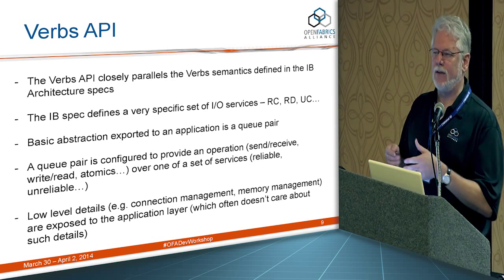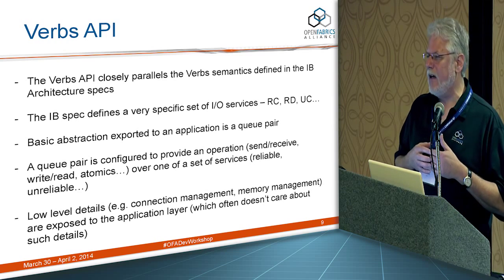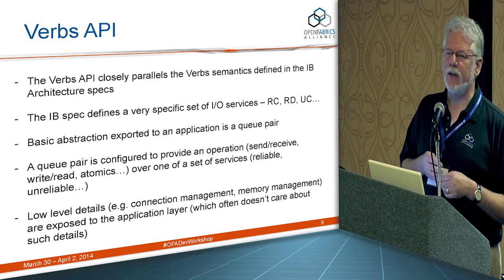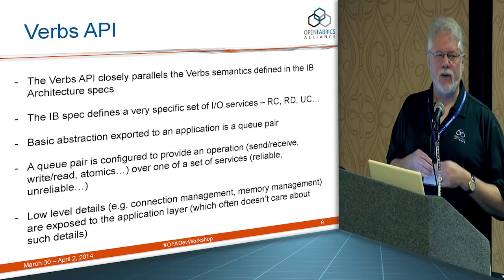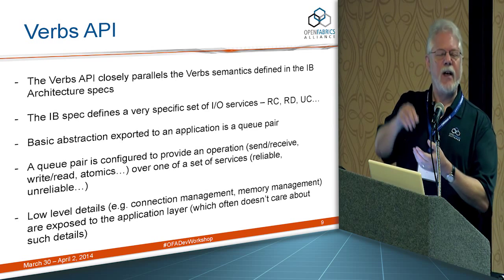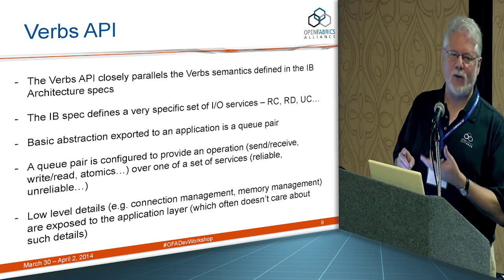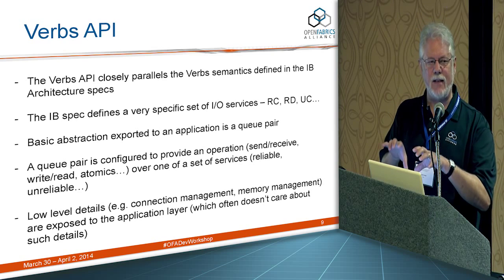Sometime later, that semantic description was converted into what we now know as the Verbs API. The corollary to that is that the Verbs API, as we know it today, is very tightly connected to the underlying hardware on which it's based. So it very closely represents the set of services that are defined in the InfiniBand specification, reliable, connected, unreliable, datagram, and so on. It's very closely connected to the hardware.